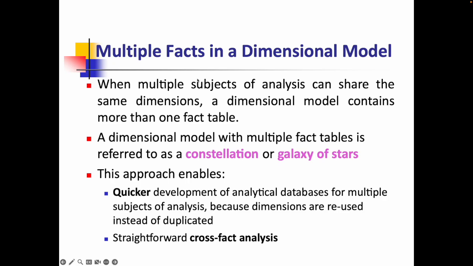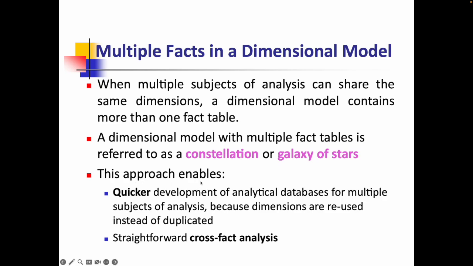So when multiple subjects of analysis, for example, sale and returns, can share the same dimensions, a dimensional model contains more than one fact table. A dimensional model with multiple facts is referred to as a constellation or galaxy of stars. Galaxy of stars is a good name for it, right? Because we have a star schema, and now we have multiple fact tables, so now it's a galaxy of stars.